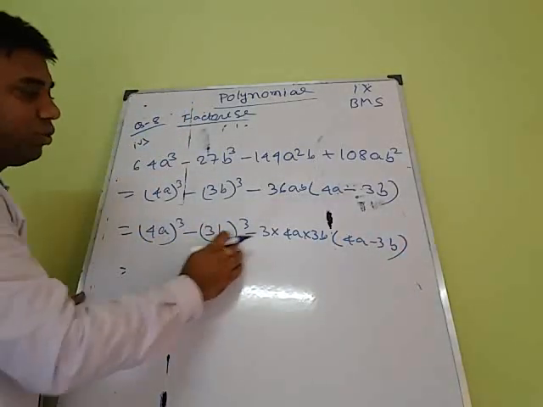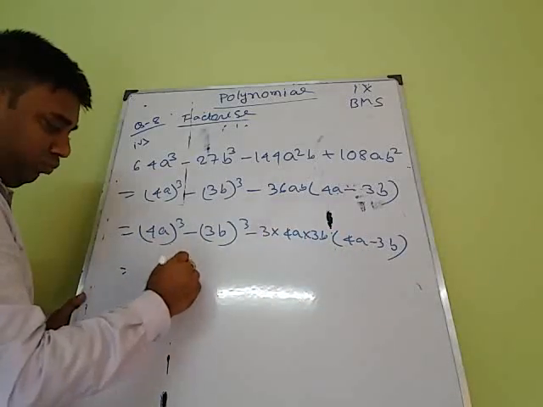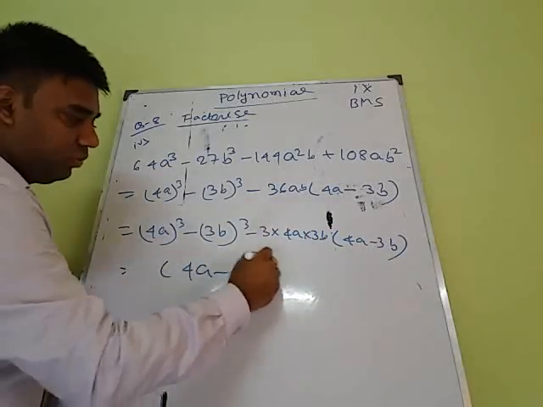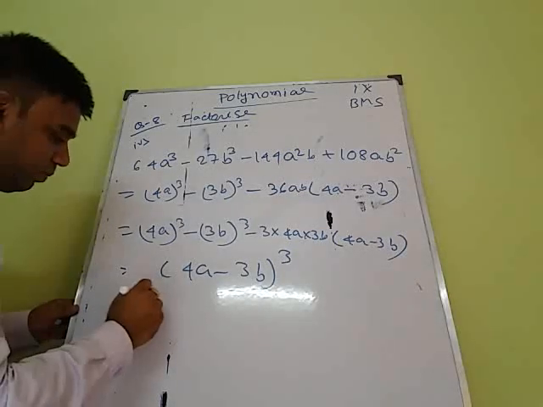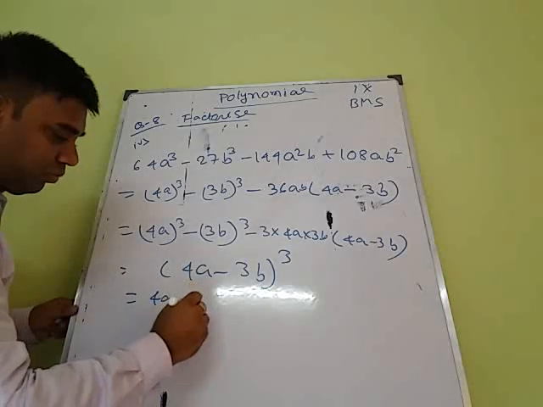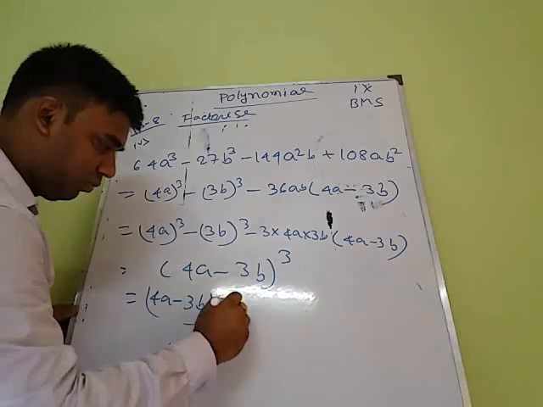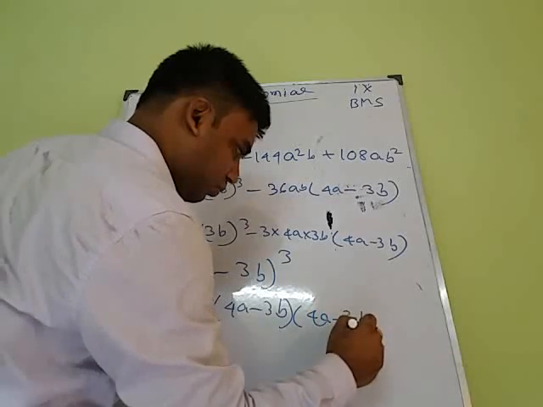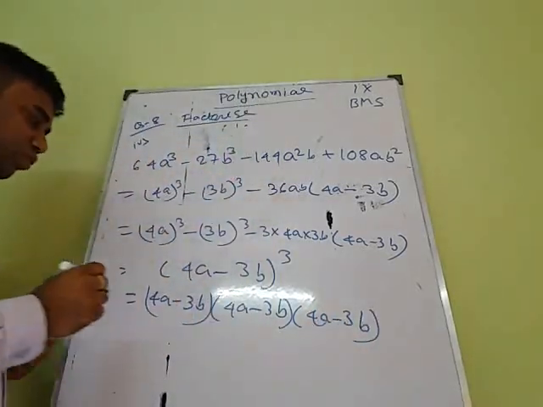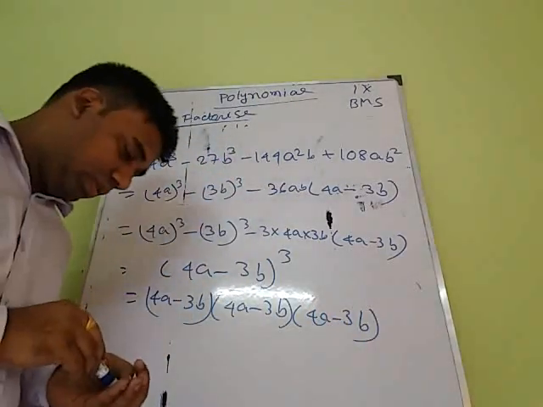So a cube minus b cube minus 3ab into a minus b. That is the factorization form: (4a - 3b)(4a - 3b)(4a - 3b).